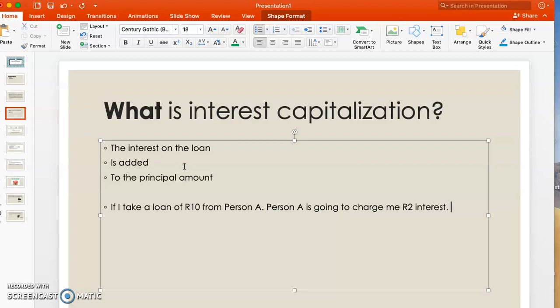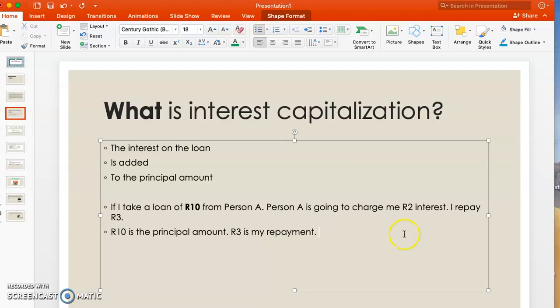If I say that I want to capitalize my interest, it means that, firstly, 10 Rand is the principal amount. And let's say I repay 3 Rand. So 10 Rand is the principal amount, 3 Rand is my repayment.